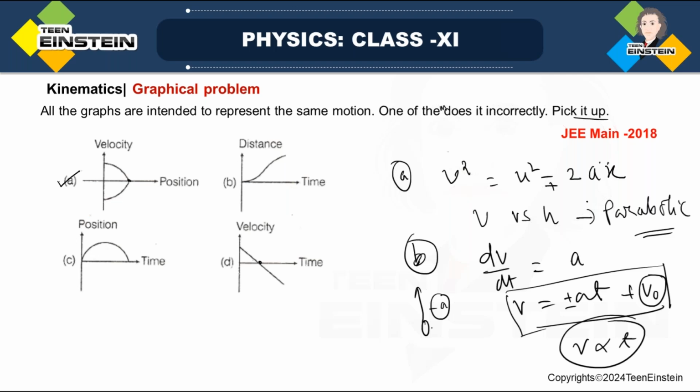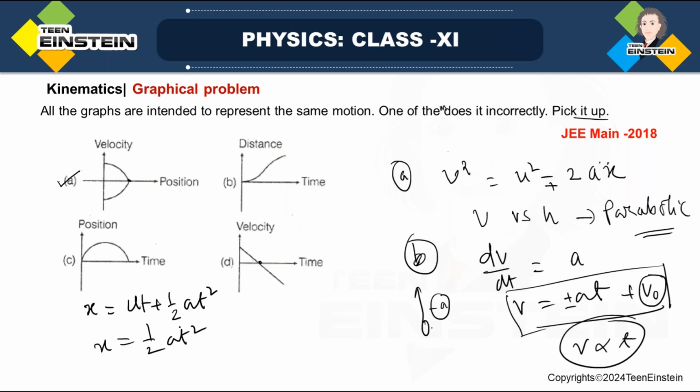In a position time curve, we know x is equal to ut plus half a t square. If initial velocity is 0, then x is equal to half a t square.